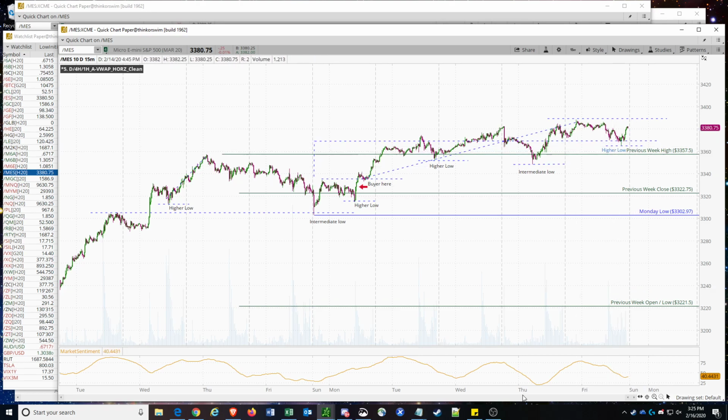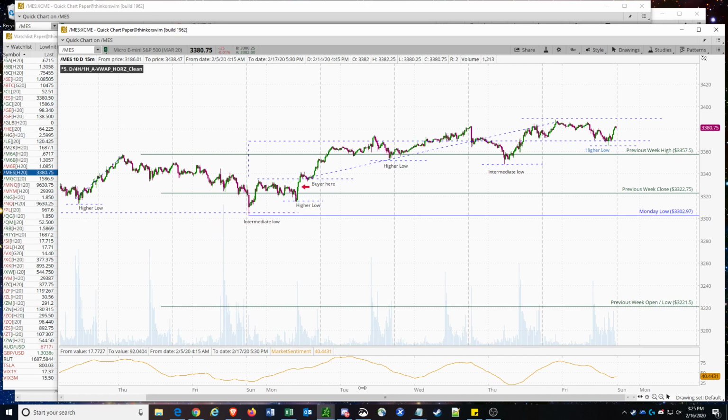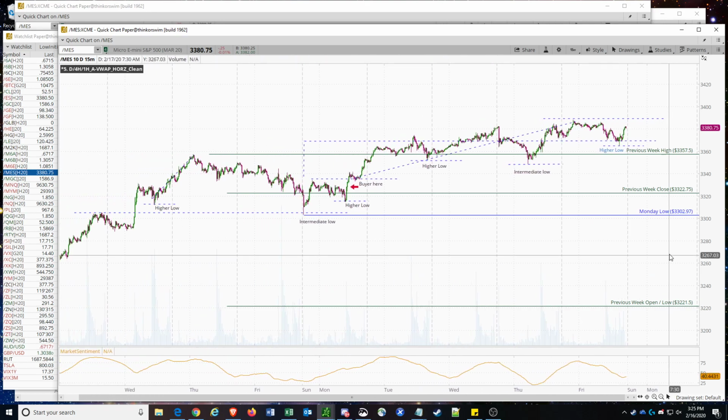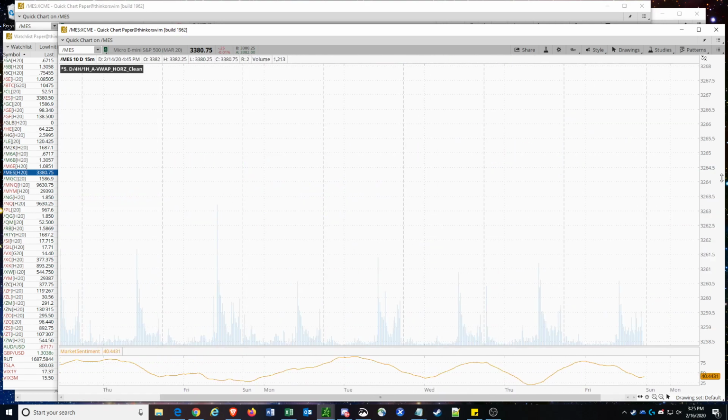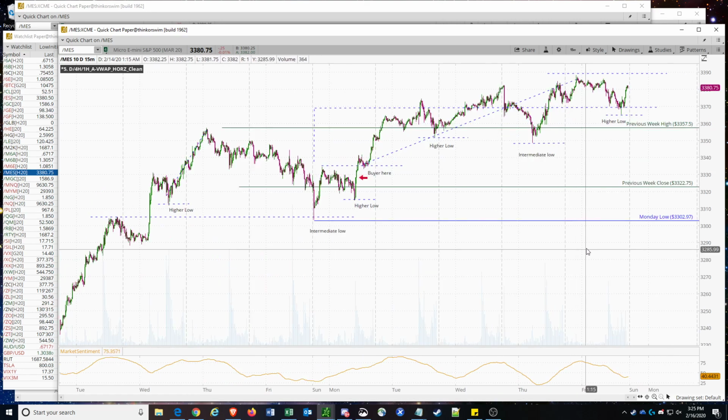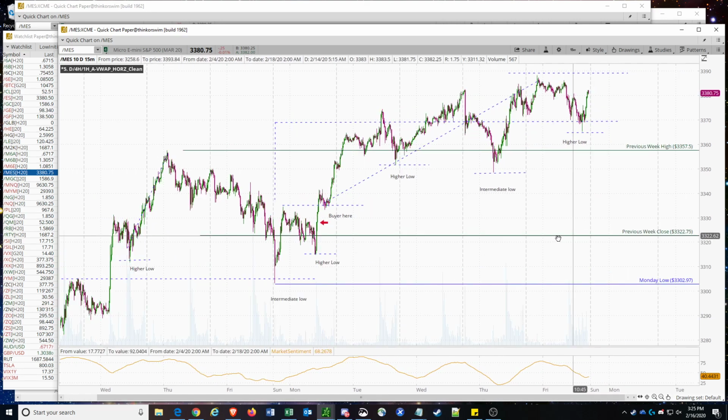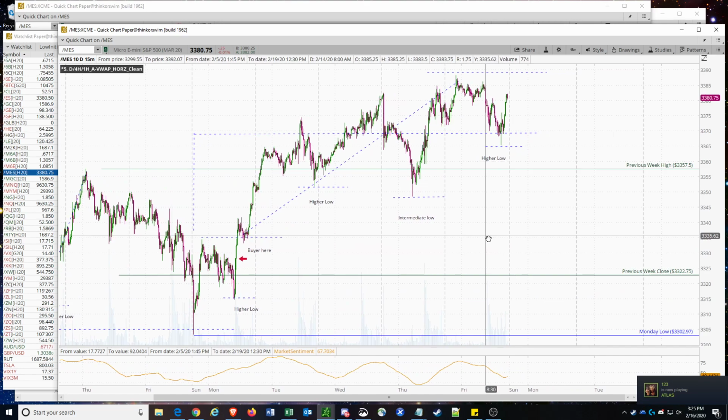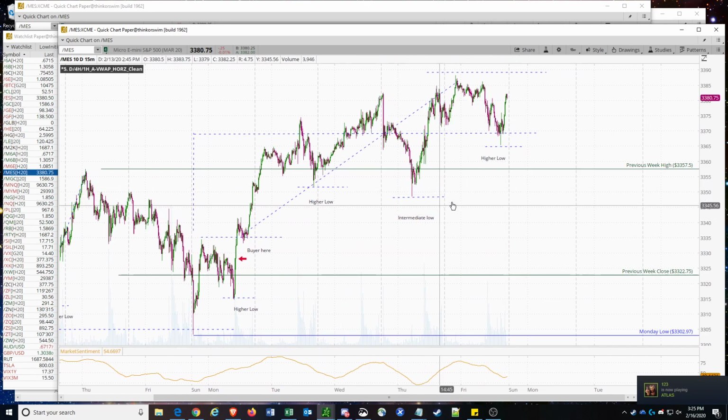But if this low pivots in, oh boy, yeah, we could be continuing on here.